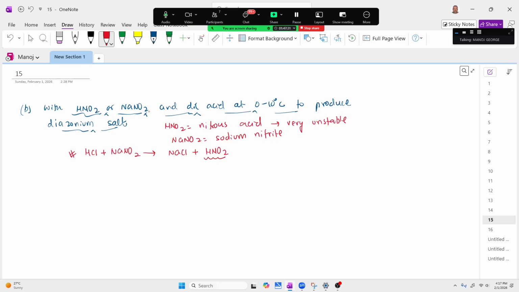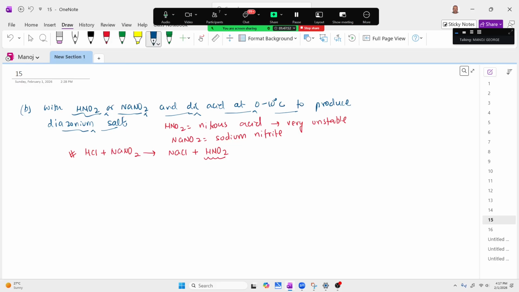So we are not adding HNO2 from outside, we are producing it in the reaction itself. My recommendation is that when they ask for the reagent, say NaNO2 and HCl.